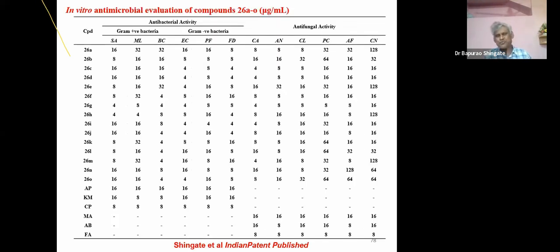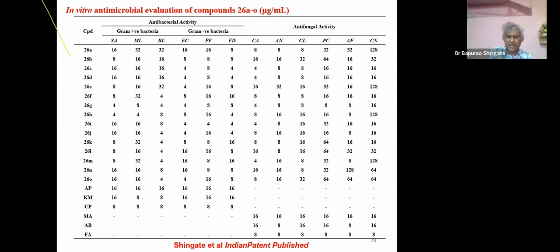These synthesized compounds we have screened for their antibacterial activity against gram-positive and gram-negative bacteria, as well as antifungal activity, against the standard drugs, that is 3 antibacterial drugs and 3 antifungal drugs. Some of our compounds are showing 2-fold or 4-fold activity, so they are selective. They are not showing any kind of tubercular activity, but they are showing antibacterial as well as antifungal activity.